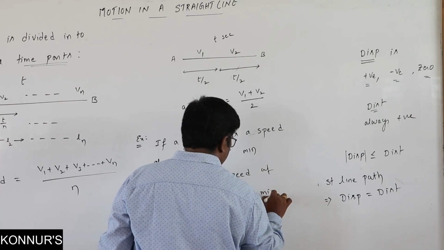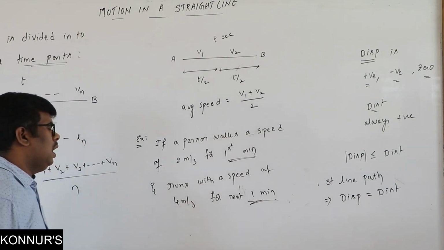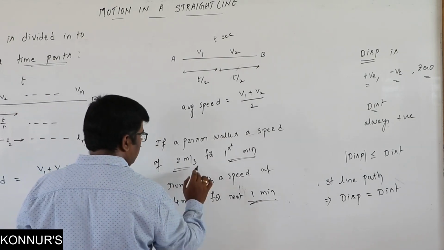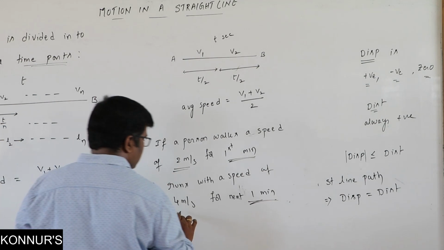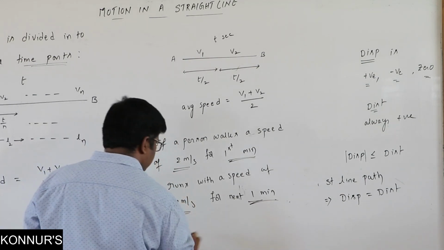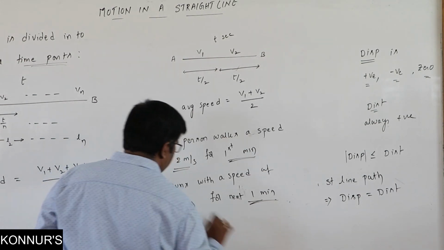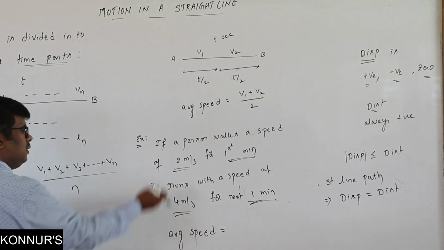So here you can understand the times are equal. In the first 1 minute he is traveling with a speed of 2 meters per second, and in the second 1 minute with a speed of 4 meters per second. Then the average speed is just the average of these two speeds.